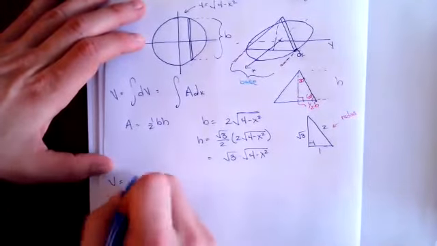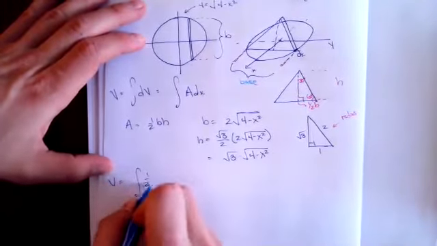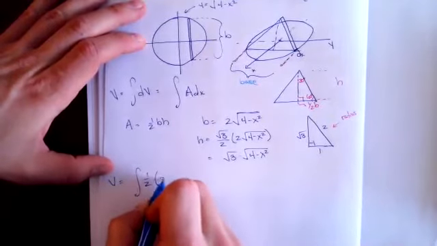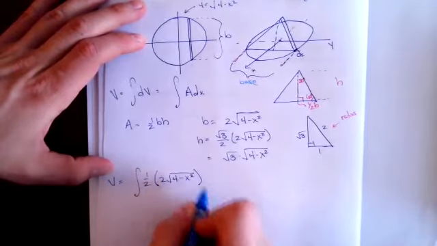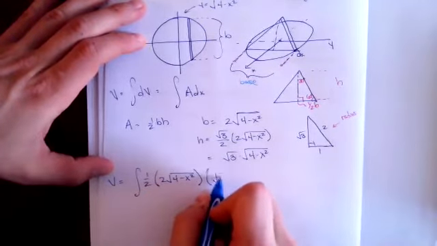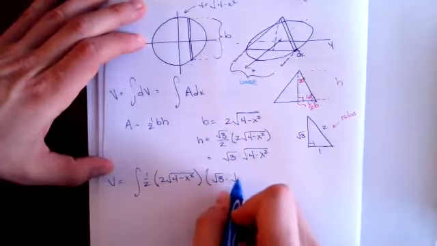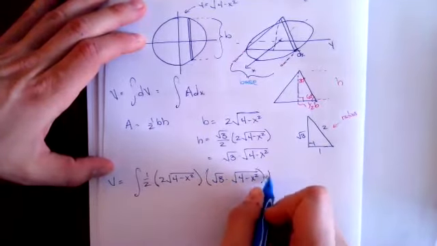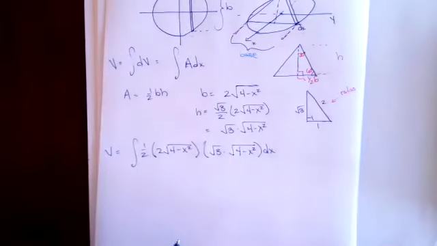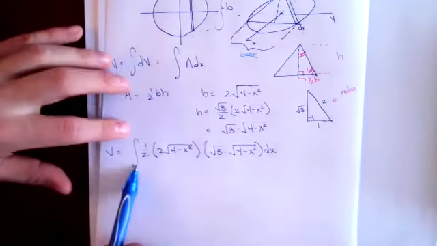So now our volume is going to be the integral of 1/2 times the base times the height. Everything's in terms of x. We've got our dx there. And then what are the bounds?